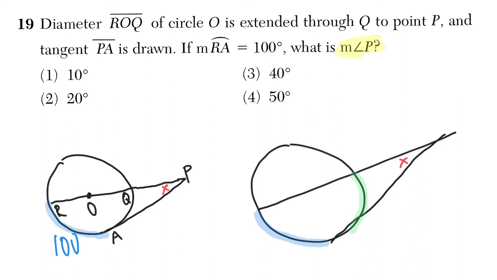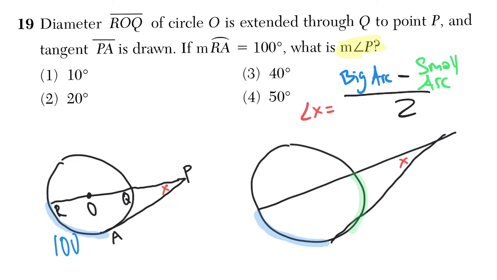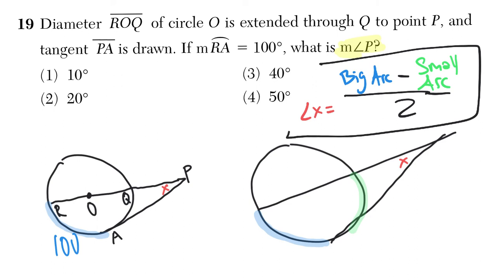And so I'm going to sketch that out right now. So angle theta, or x, is equal to big arc minus small arc divided by 2. Okay, so now if we use this formula, we can simply solve for x.